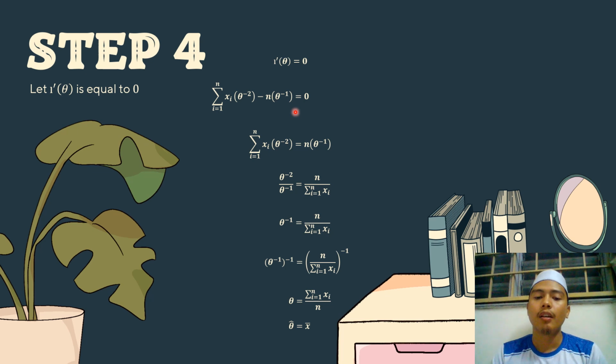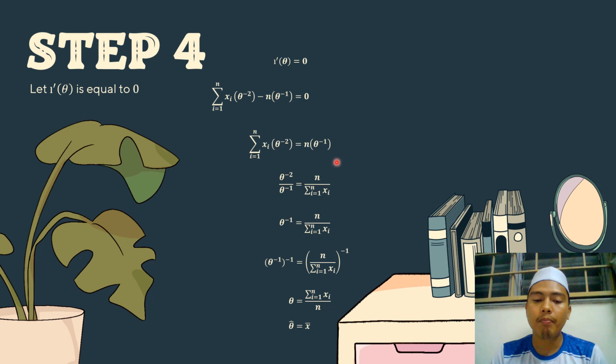Then we move negative n times theta power of negative 1 to the right hand side, so we get n times theta power of negative 1.